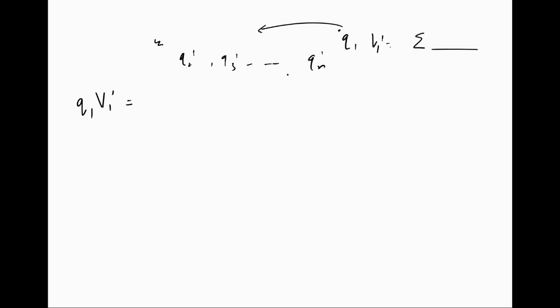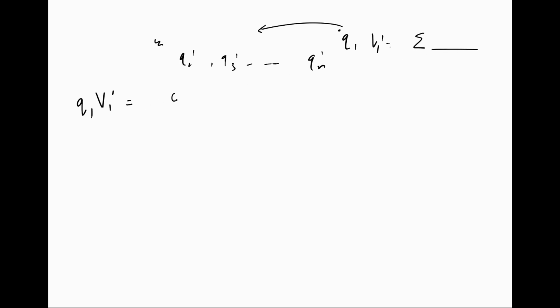Let us say there are n charges. So I bring charge Q1 from infinity, and let us say Q2 dash, Q3 dash, up to Qn dash charges are already there. So the work done to bring this charge at point 1 will be Q1 V1 dash, where V1 dash is the potential due to all other charges at point 1.